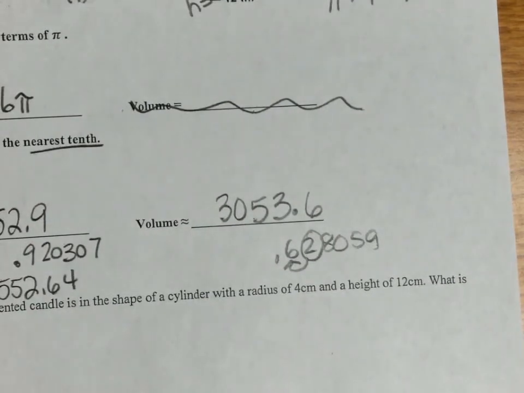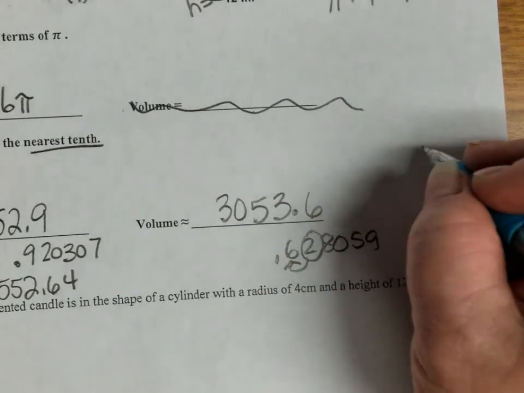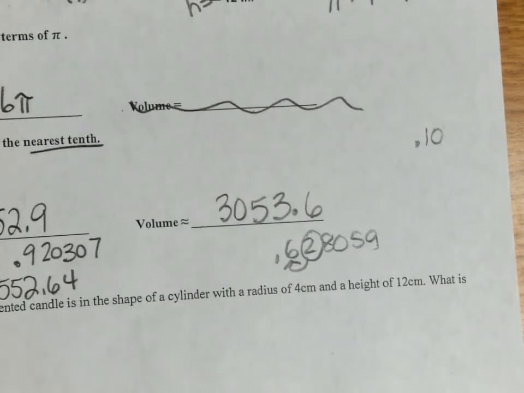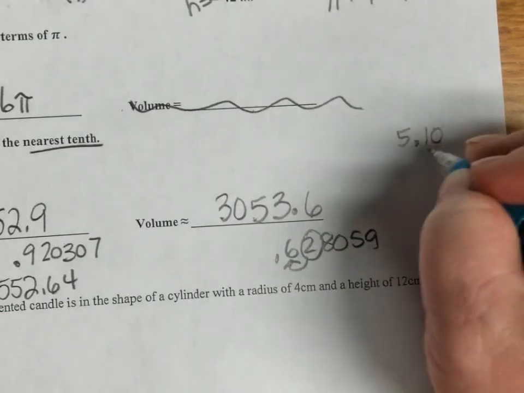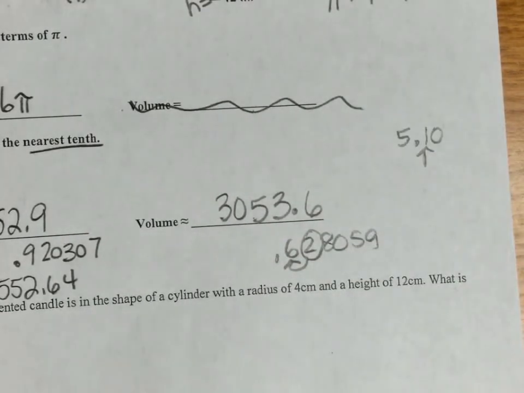An easy way to remember tenths is the fact that if you were to write 10 cents, you would always do this, wouldn't you, in money? Yeah. Okay, so that is tenths. That spot where you put that 1, that's tenths. That's a trick to remember what tenths is.